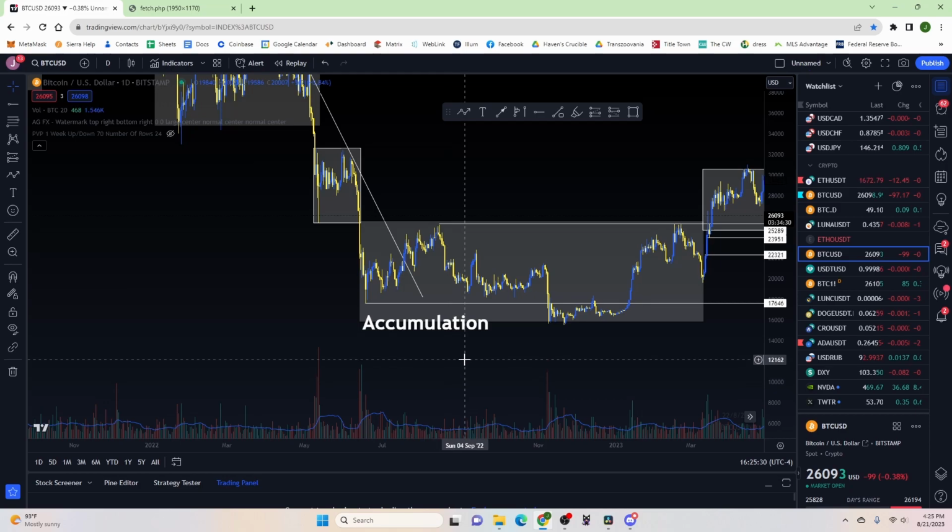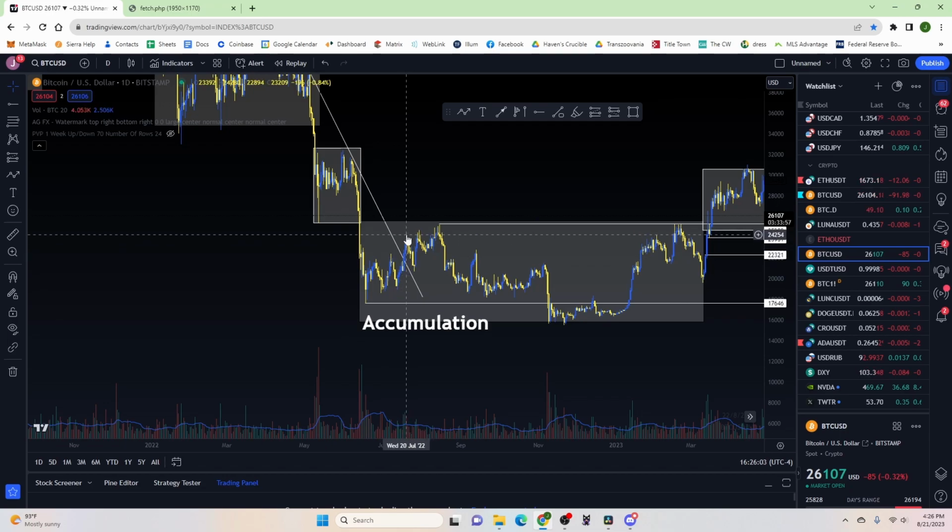The next thing we're looking for is tests to the upper range that don't produce a lot of volume, except for when it's time to leave the formation. If we were to actually look at Wyckoff, this to me would probably be the AR right here.